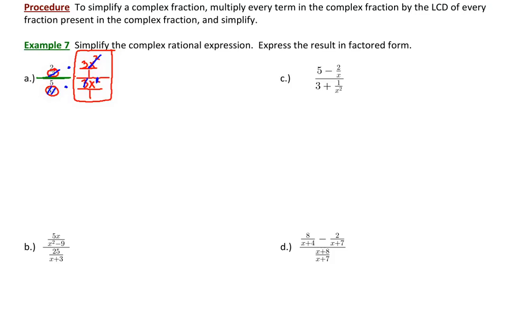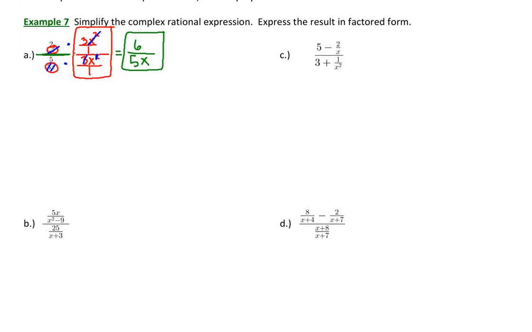Multiplying the remaining factors in the top, multiplying straight across, we have 2 times 3, which is 6, and 1 on the bottom, which gives us 6. In the main denominator, we have 5 over 1 times x over 1, which gives us 5x. So our complex fraction now has been reduced to just a double-decker fraction. Now that wasn't so bad.